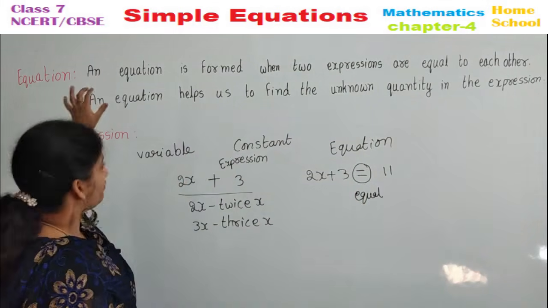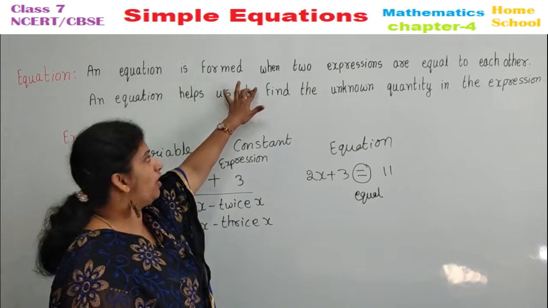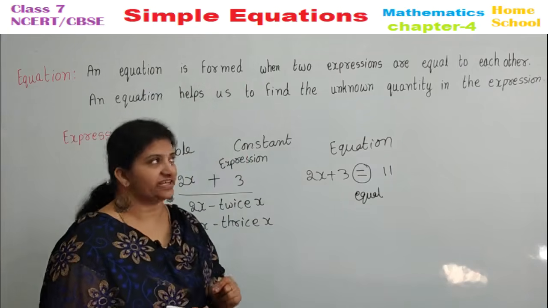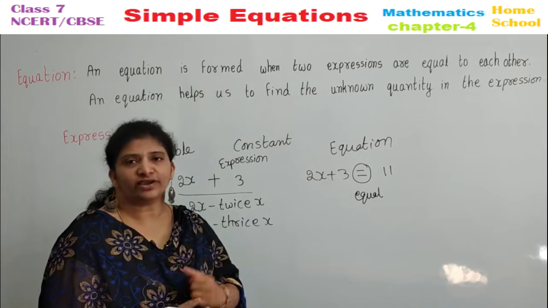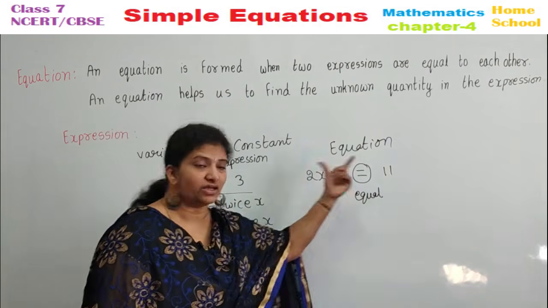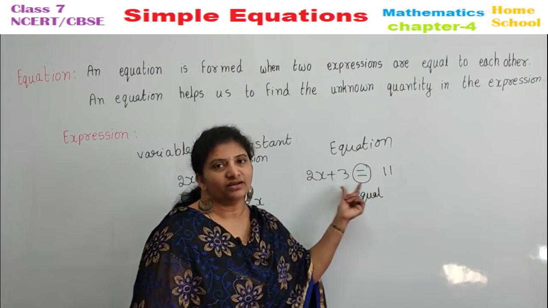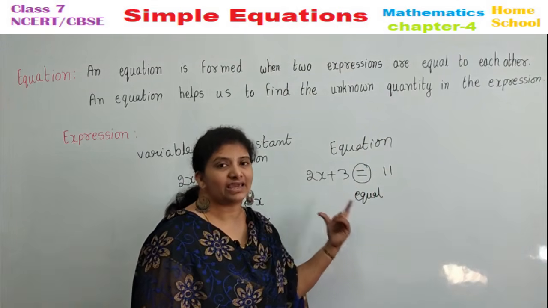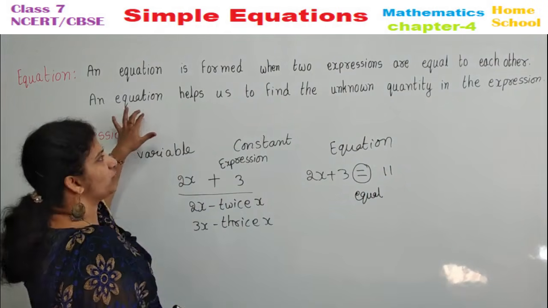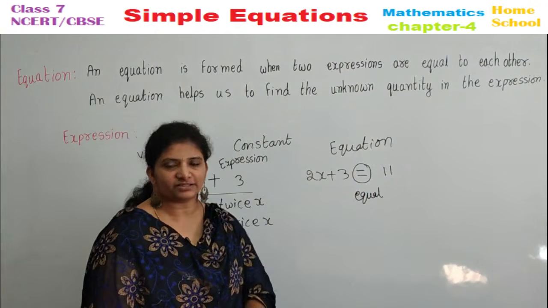See the definition of an equation. An equation is formed when two expressions are equal to each other. This is one expression and this is one expression. If two expressions are equal to one another, then we call it an equation. An equation helps us to find the unknown quantity in the expression.